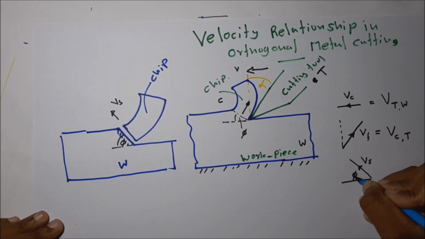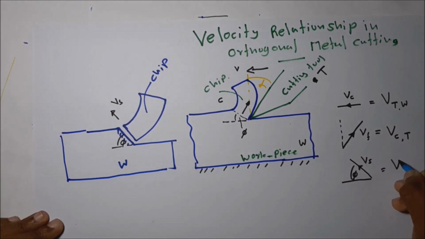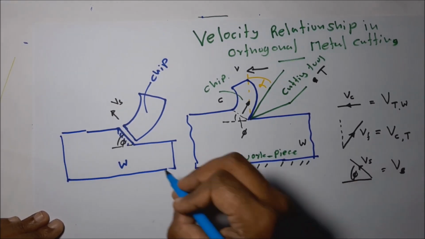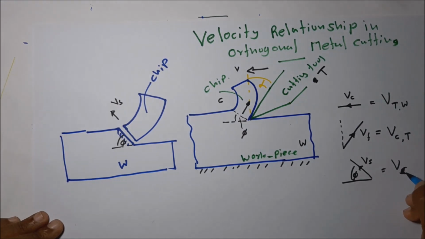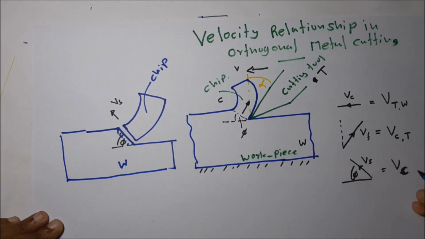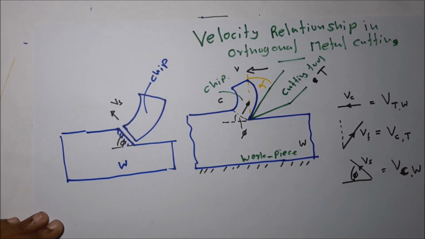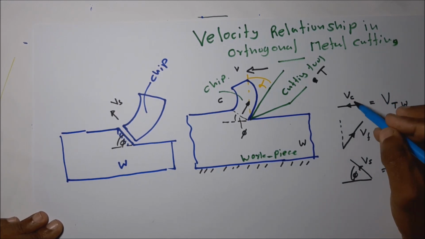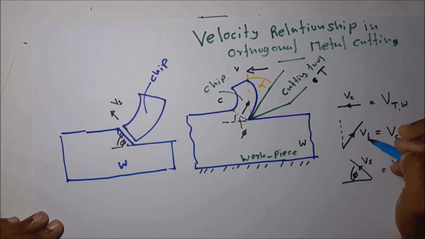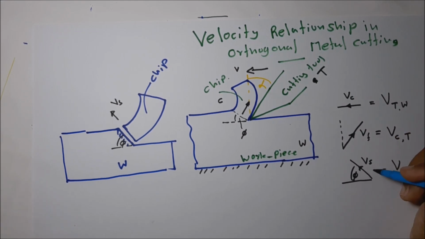Vs is the shearing velocity, the chip velocity with respect to the workpiece. Vc means the cutting speed, Vf means the chip flowing velocity, Vs means the shearing velocity. These are the relative velocity vectors we can represent in this way.